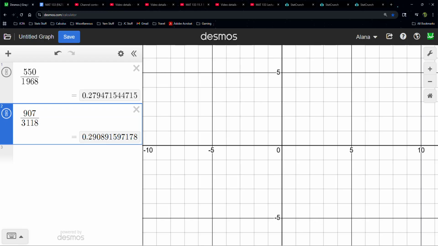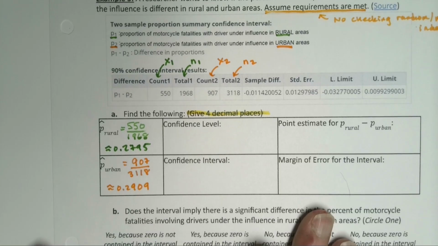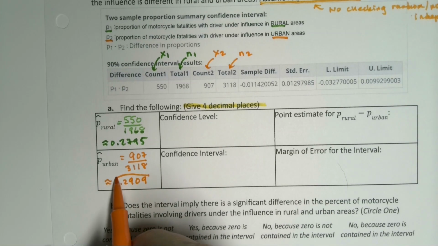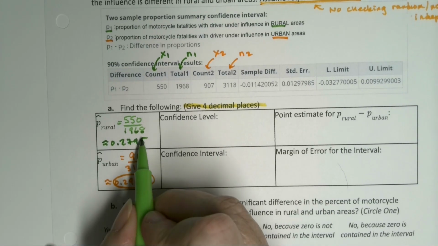So we're going to go 4 decimal places for these. So that would mean 0.2795 for this one and 0.2909 for the urban one. Lovely. All right, so we have our two p hats. There's this one and this one.